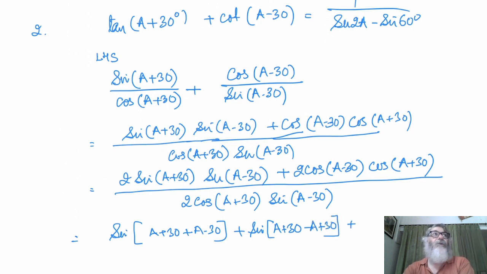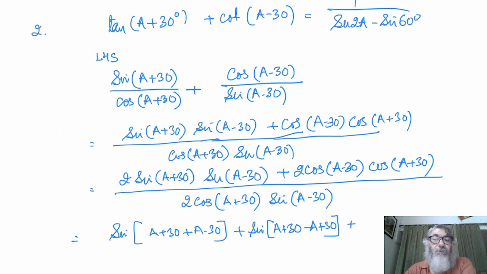Now 2 cos A cos B will be what? Cos(A+B) plus cos(A-B), because plus will come when the sign is in between.